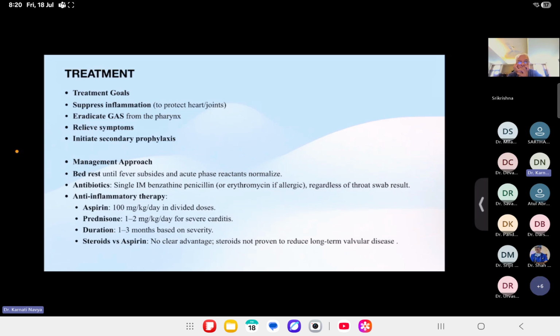For adults and children more than 30 kg in weight, 1.2 million international units is used. For children less than 30 kg in weight, 6 lakh international units is used. Penicillin V is oral, 250 mg twice daily. Or sulfonamide, oral, for adults and children more than 30 kg in weight, 1 gram daily; for children less than 30 kg, 500 mg daily.